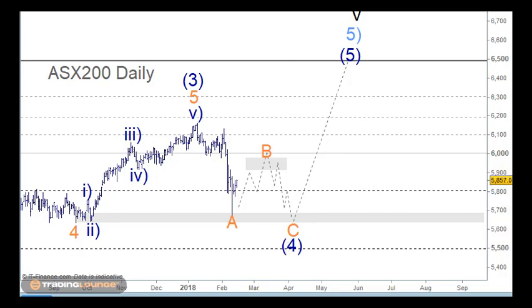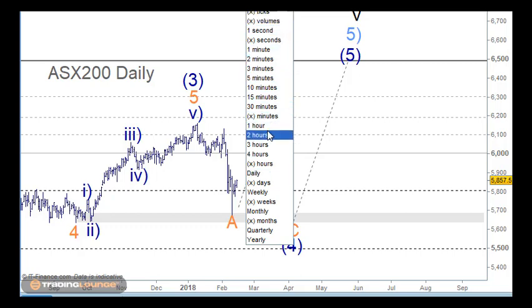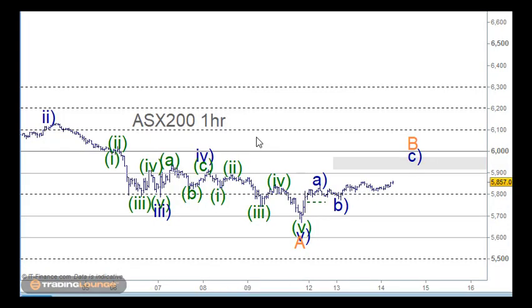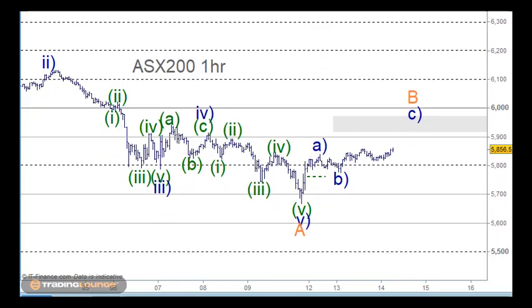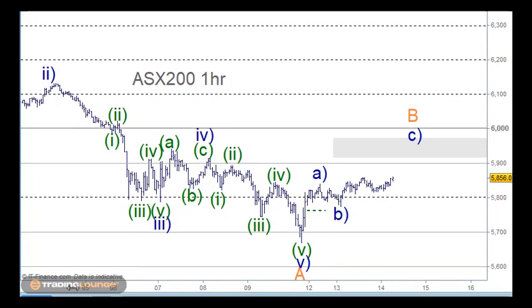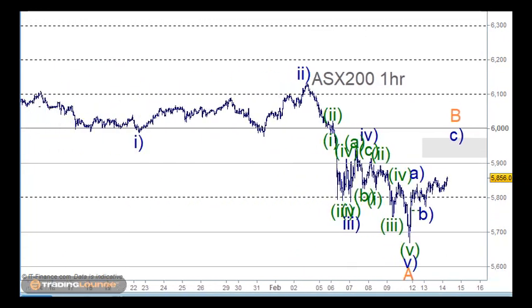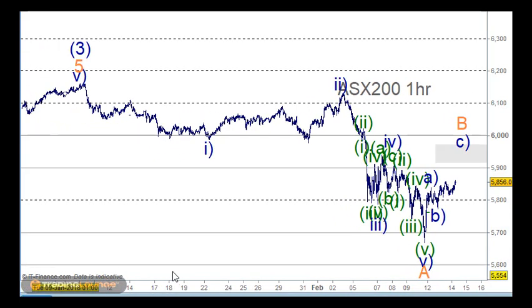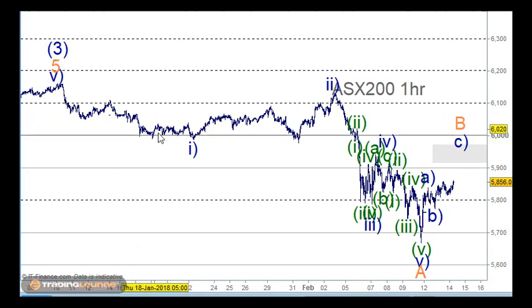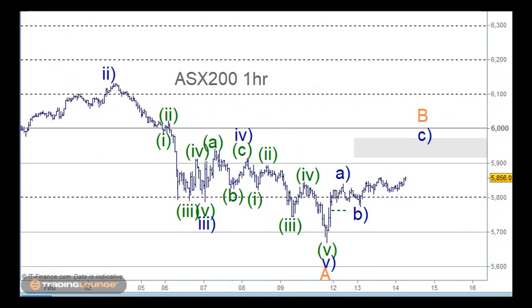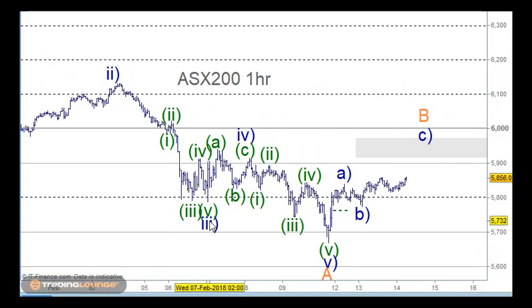So when we look at the hourly chart here, which we've been working on, it's a little bit messy, but way over here we've got our top, and we've got wave 1 and wave 2 here, and then wave 3 down to here, and wave 4, and then a nice little 5 wave structure here.